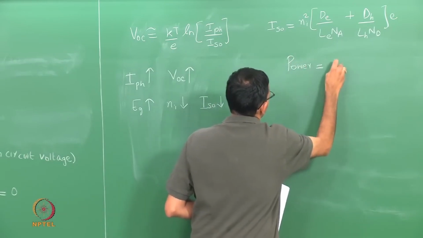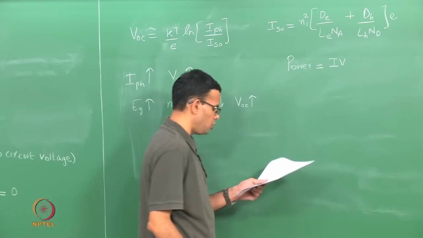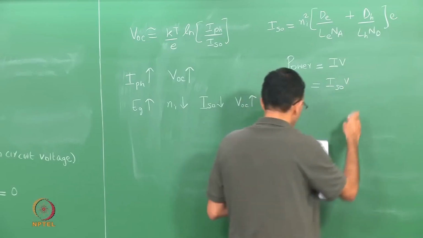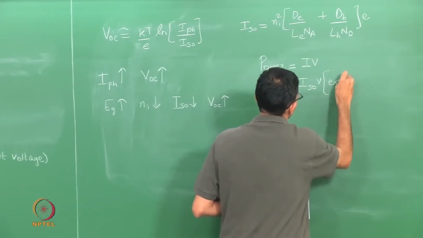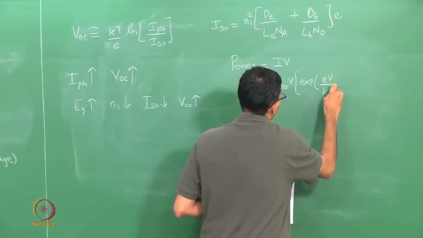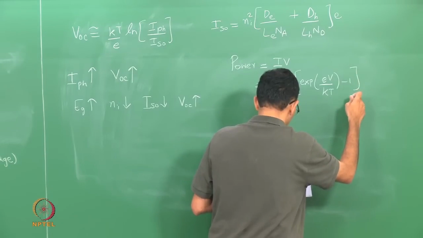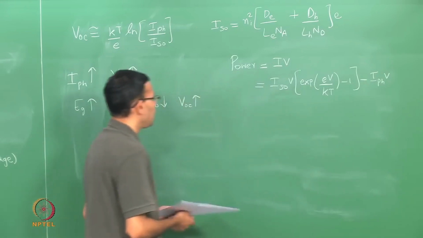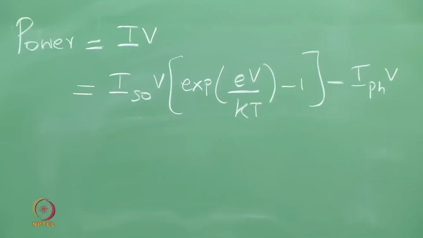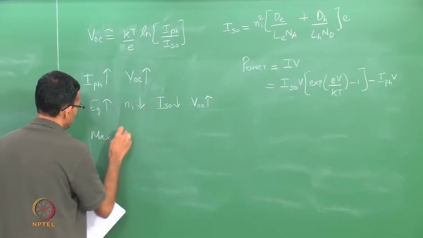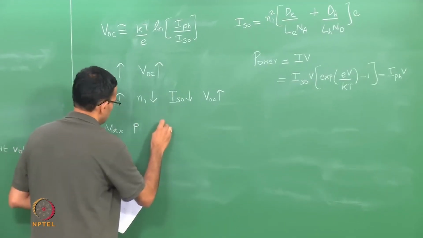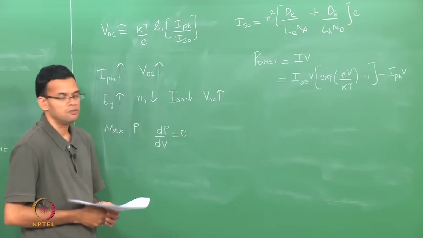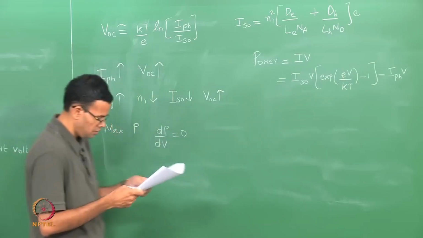The power is nothing but I times the voltage, which is ISO V exponential EV over KT minus 1 minus IPH V. In order to have the maximum power, so for maximum power, dP over dV should be equal to 0.